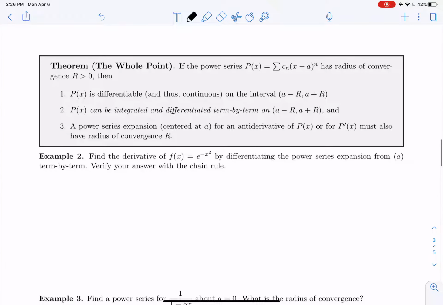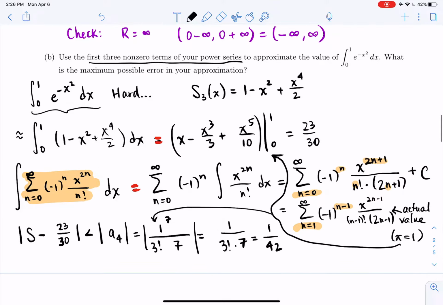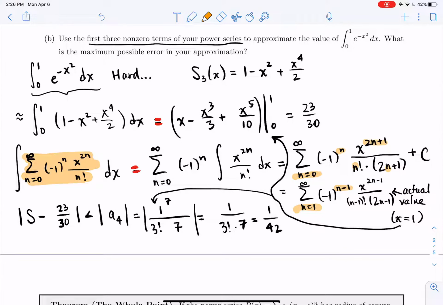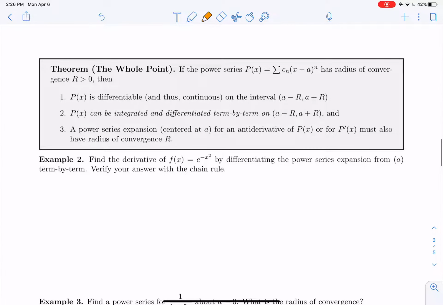Let's keep going. So here's the theorem I mentioned on the previous page. The whole point of this, and this is what we just did in part B, is we kind of used the theorem right here without having seen it yet. If you've got a power series and it has a positive radius of convergence, then your power series is differentiable.